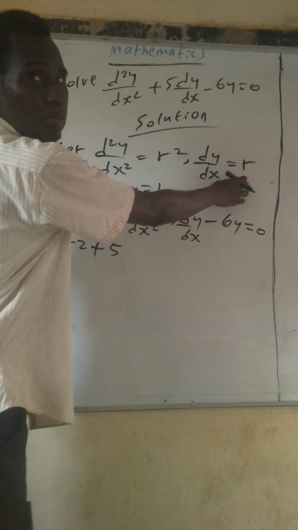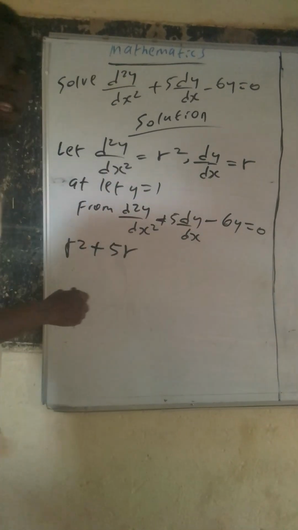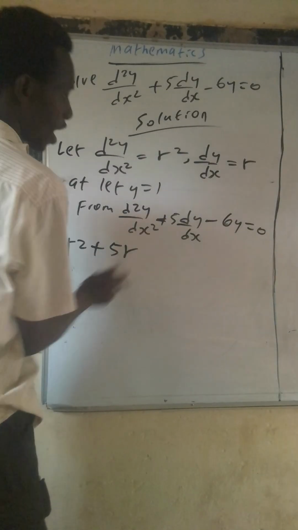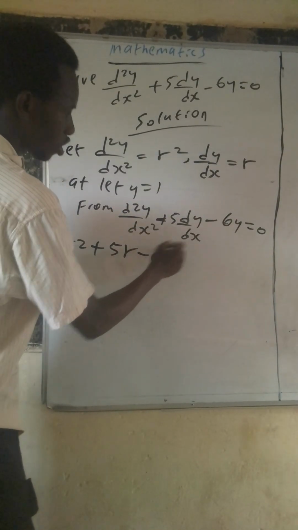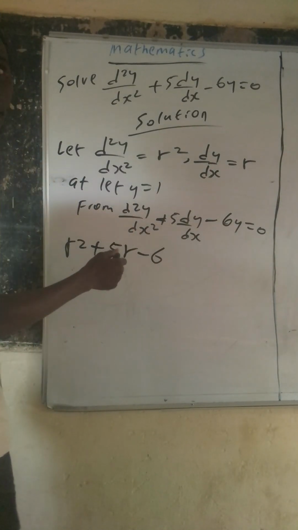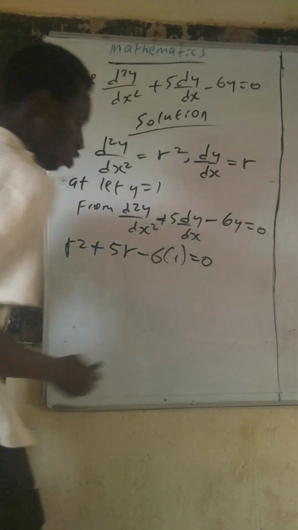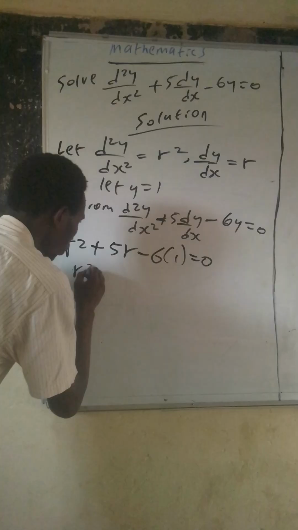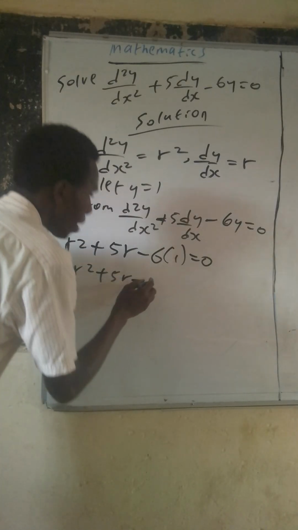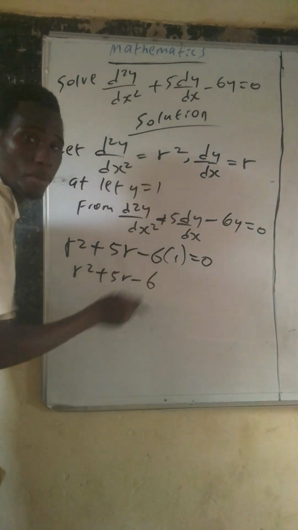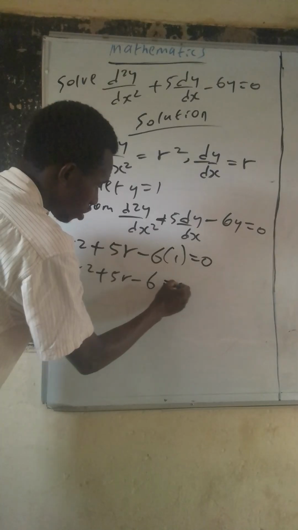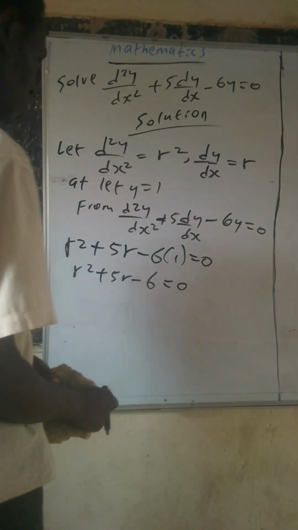We said let it be r, so instead of dy dx, we have r. We have minus 6 y, and y is 1, so multiplied by 1 equals 0. So what do we have next? We have r squared plus 5r minus 6, because minus 6 multiplied by 1 is minus 6. Everything equals 0.